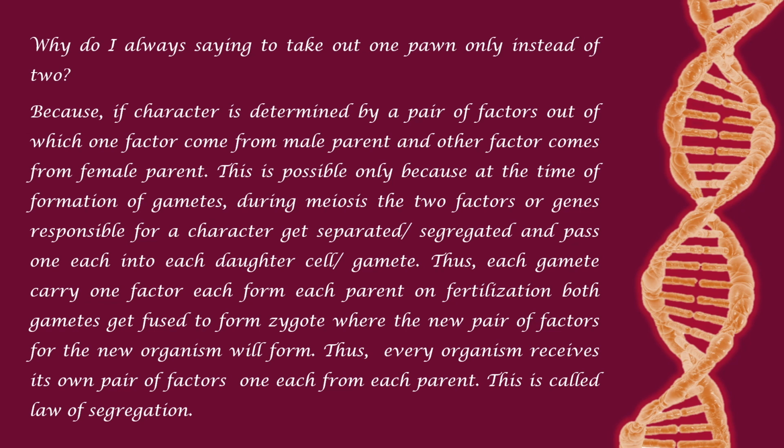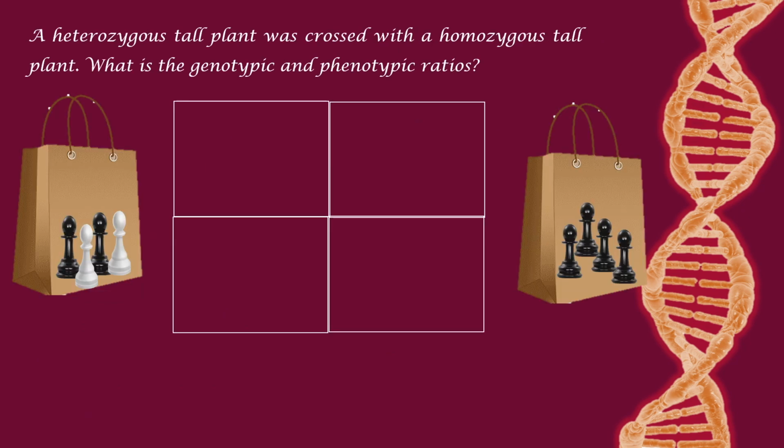Thus, each gamete carries one factor from each parent. On fertilization, both gametes fuse to form zygote, where a new pair of factors for the new organism will form. Thus, every organism receives its own pair of factors, one from each parent. This is called law of segregation.